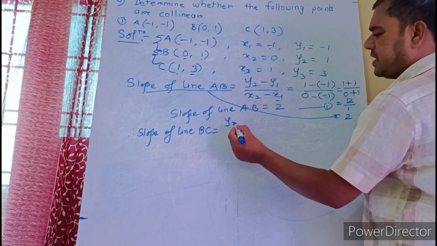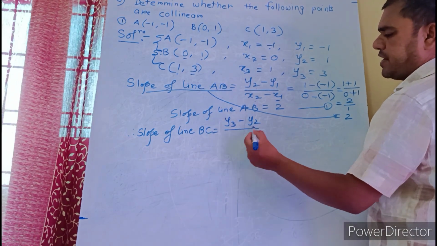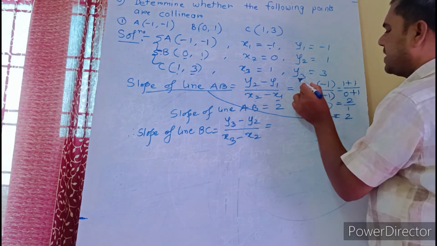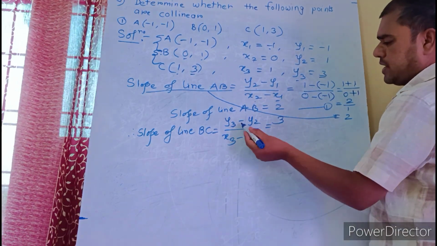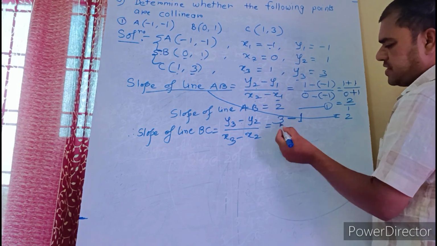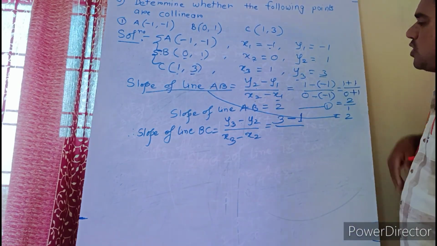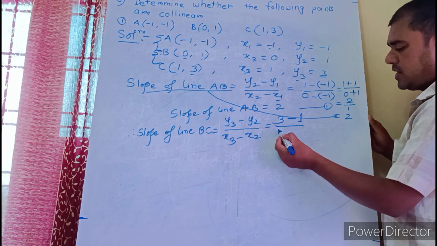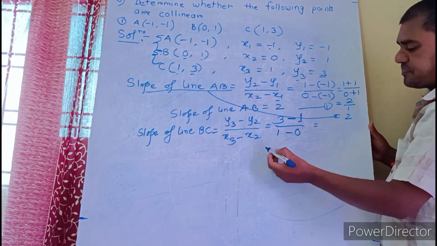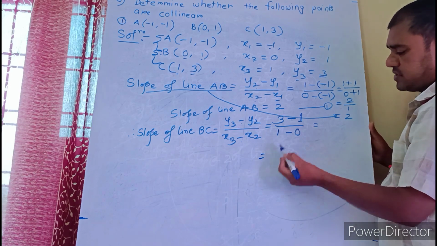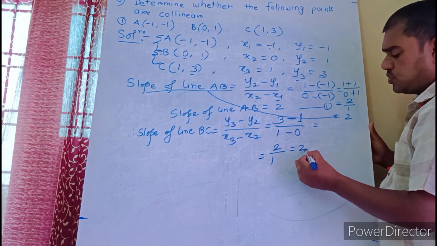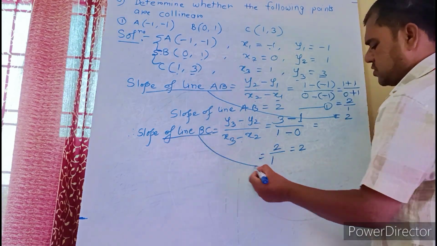The value of y3 is 3, put 3 minus as it is the value of y2, which is 1, divided by the value of x3, which is 1, put 1 here, minus the value of x2, which is 0. On solving this, 3 minus 1 is 2, divided by 1 minus 0, that is 1, is equal to 2. Here the slope of the line is also 2.